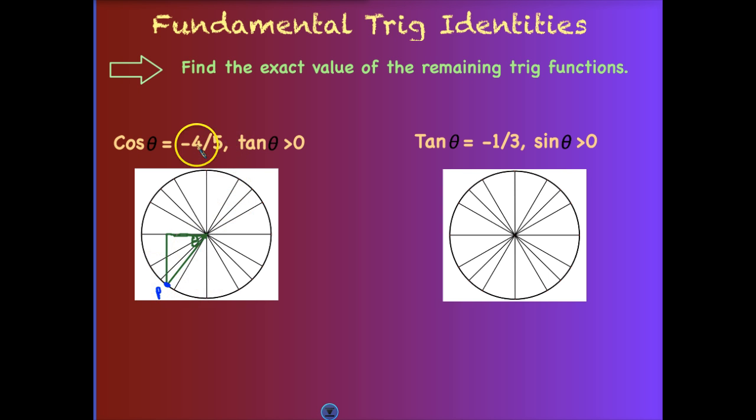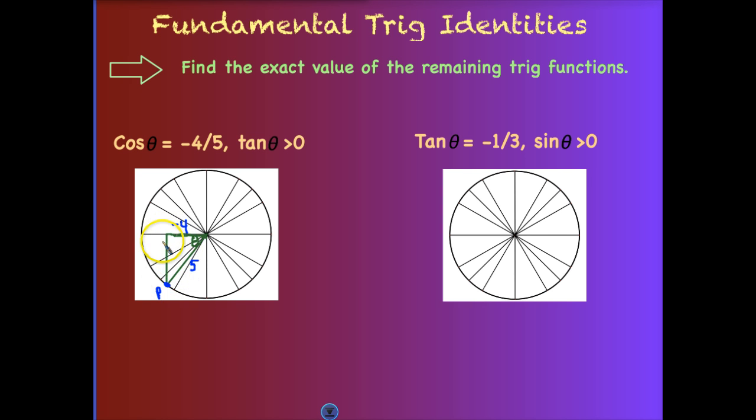But you do have a ratio, a cosine ratio, and we know from right triangles that cosine is adjacent over hypotenuse. So in this situation, this right here would be -4, as we're in the negative direction for x. And our hypotenuse is always positive. So -4 and 5 here.